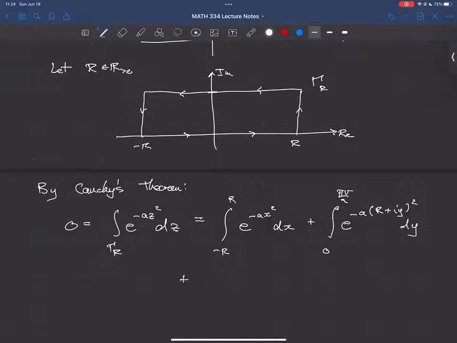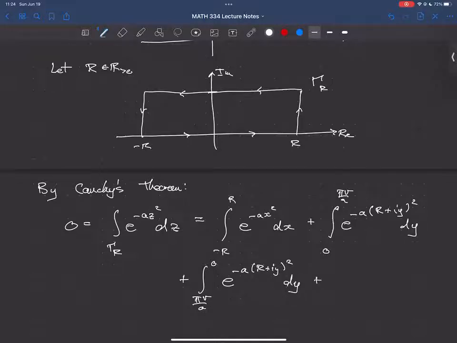And then similarly, let me write this branch first, because it looks kind of the same. It's going to be the integral from pi nu over a to 0 of e to the minus a (R plus i y) squared dy.